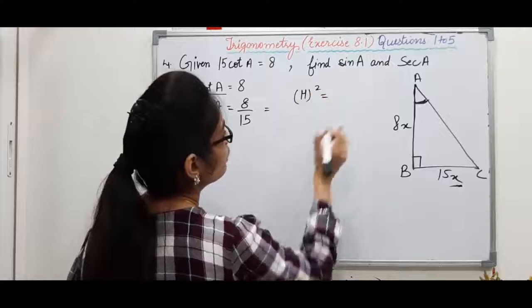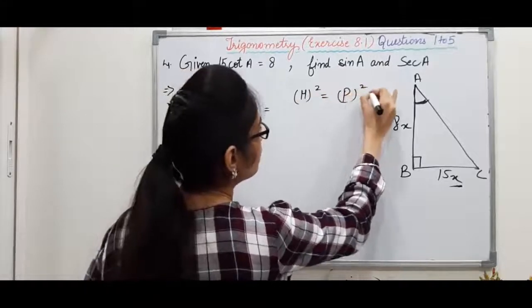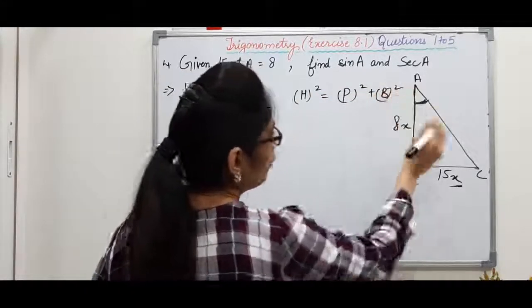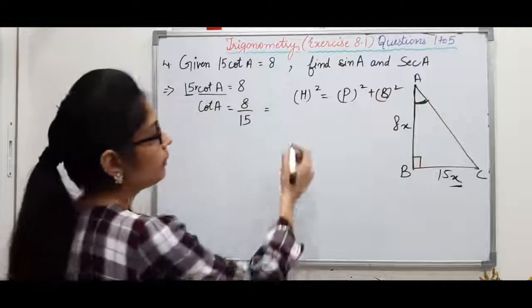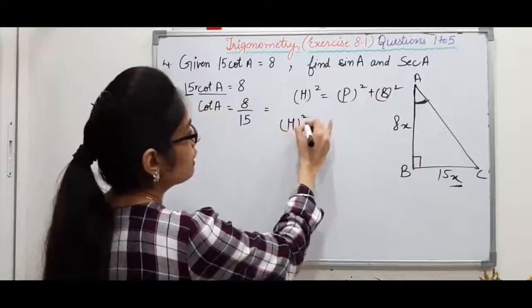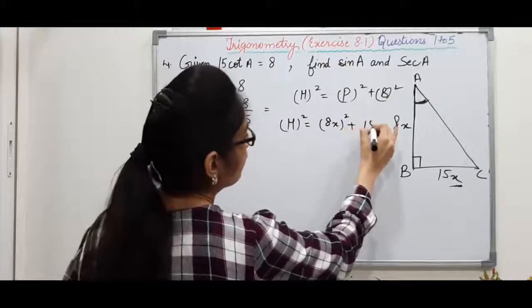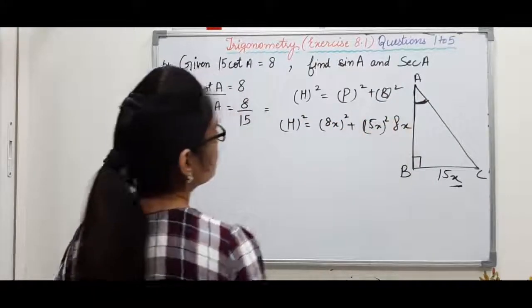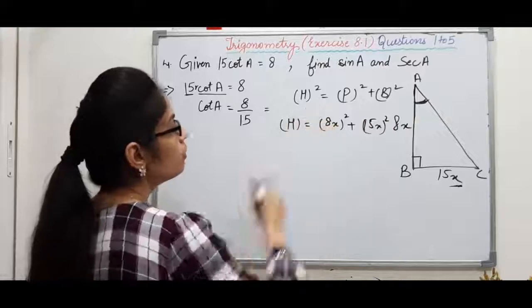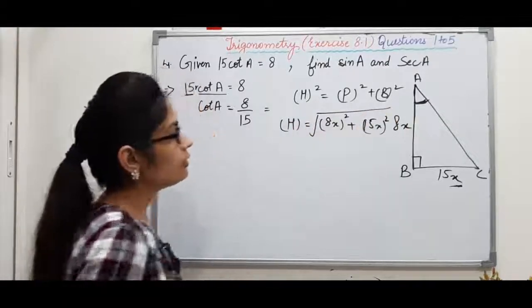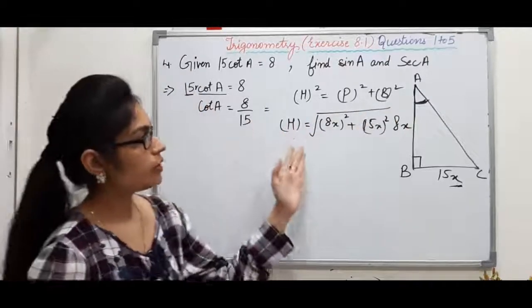Hypotenuse square is equals to perpendicular square plus base square. Now hypotenuse we have to find. So hypotenuse is equal to square root of perpendicular 8x square plus 15x square. This square will be removed from this side, and on changing the side square it will change to square root.